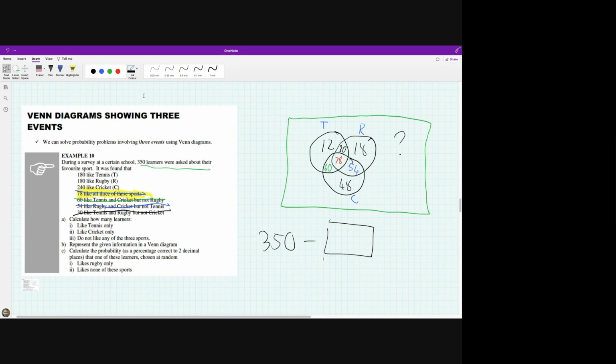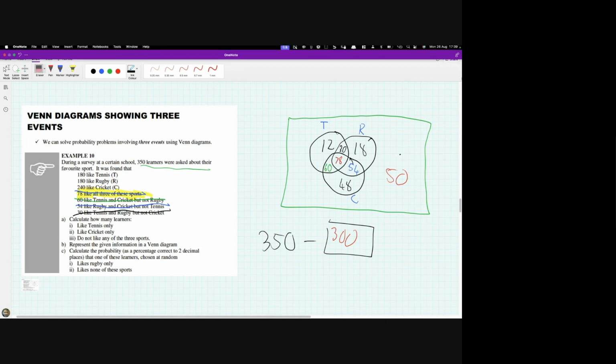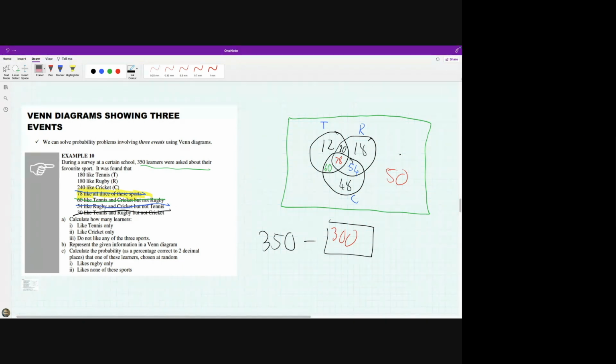I get that total as being 300, which means this thing has to be 50. Let me know if you agree. Thumbs in the air, wave them like you just don't care if you get that. All I did was I went 350 minus all of these things. Okay, now over to you.